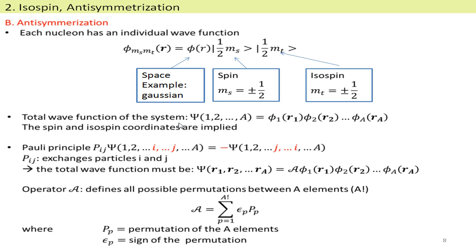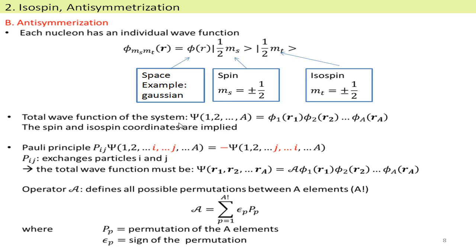And then you build the total wave function of the system by taking the product of all orbitals. So here I just wrote the space part because it's shorter, but the spin and isospin coordinates are implied. So each individual wave function depends on the space coordinates, spin and isospin coordinates.